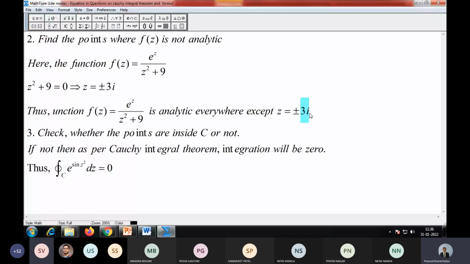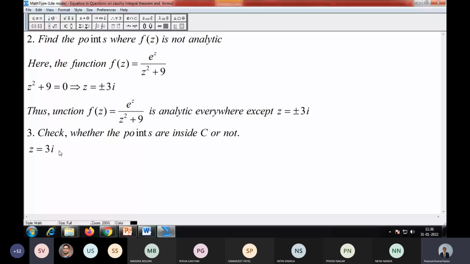So check whether the points are inside C or not. One point is z1, 3i, and the second point is z2, minus 3i.